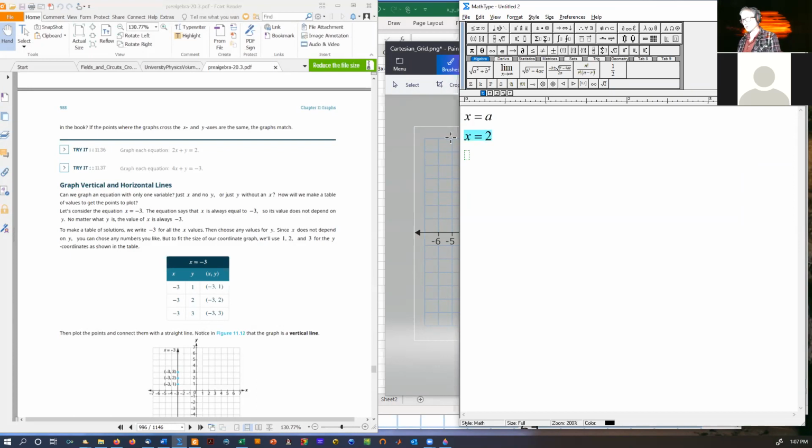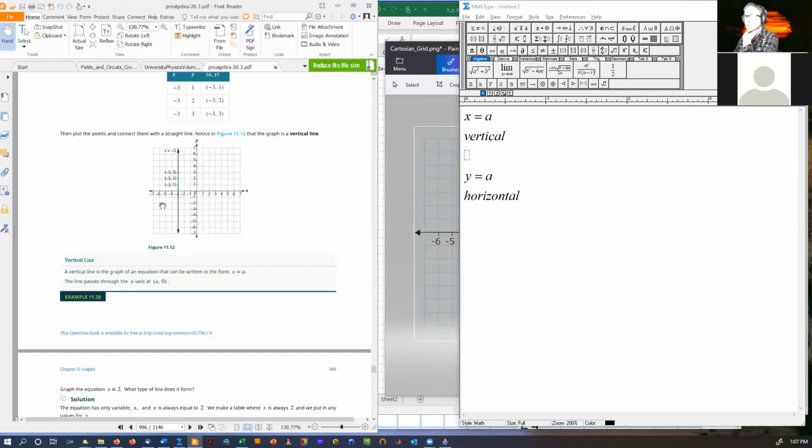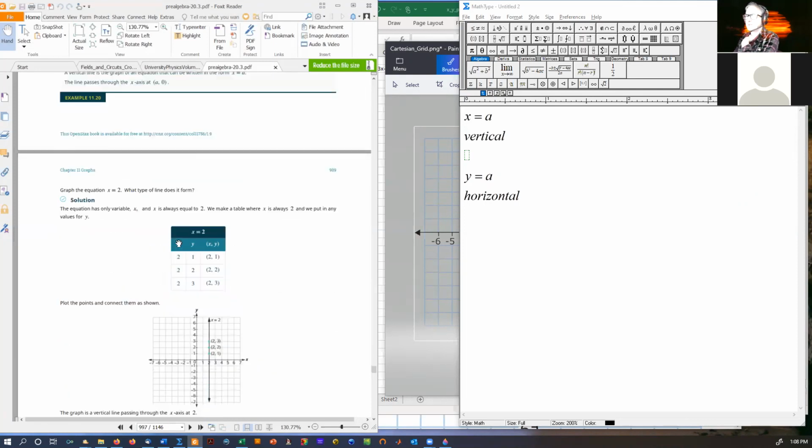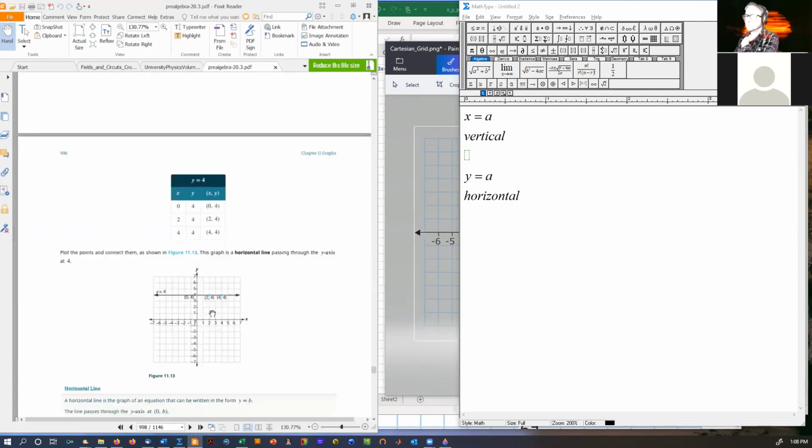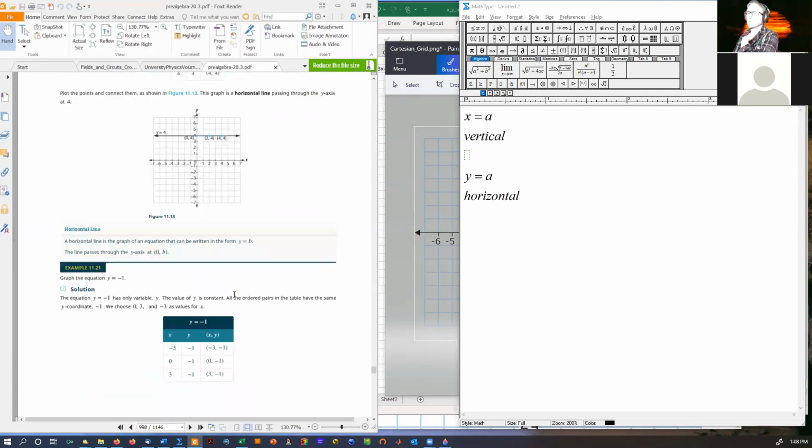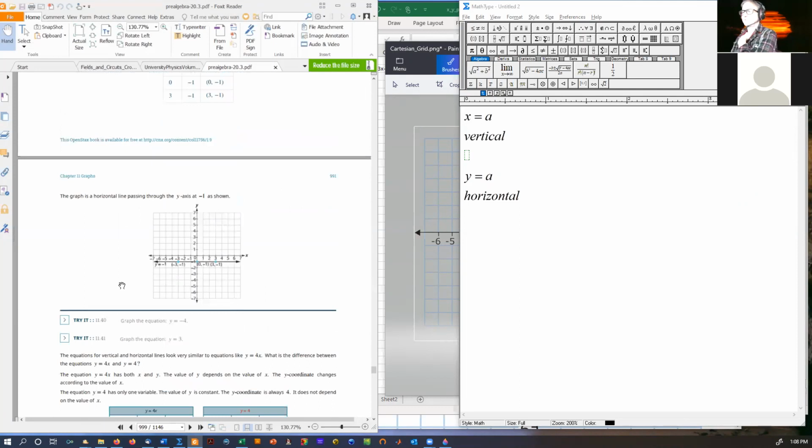So that's a vertical line. And then y equals a, that's horizontal. And so the book will go through and give you examples of vertical lines that are all x equals negative 3 for any value of y, x equals 2. And then the same thing for y. Y is equal to a constant.